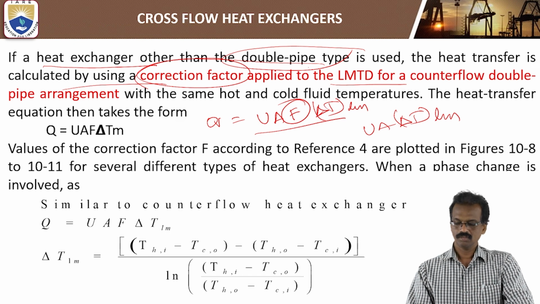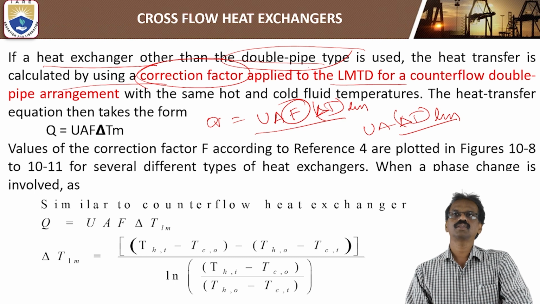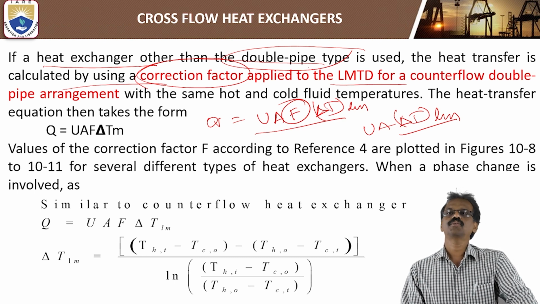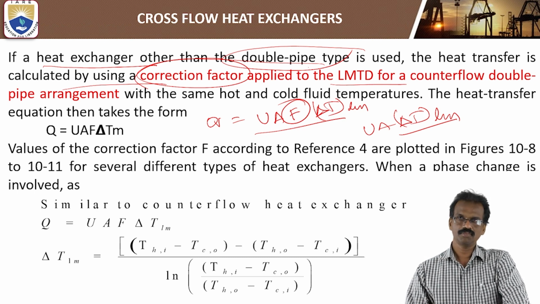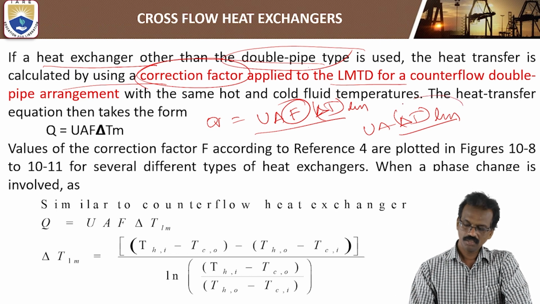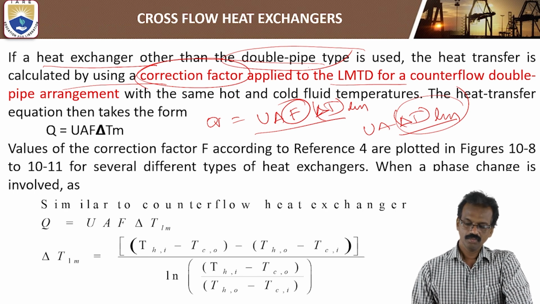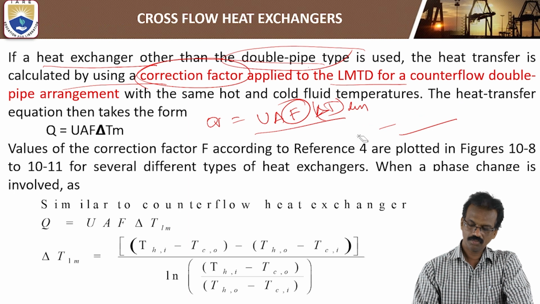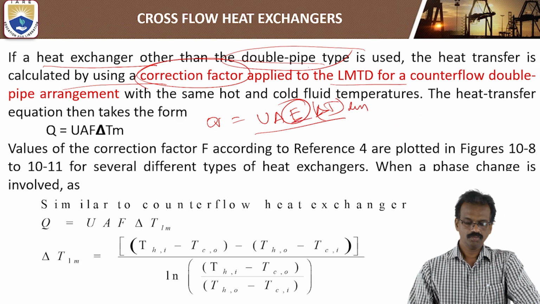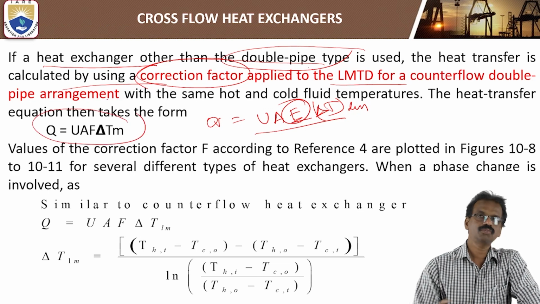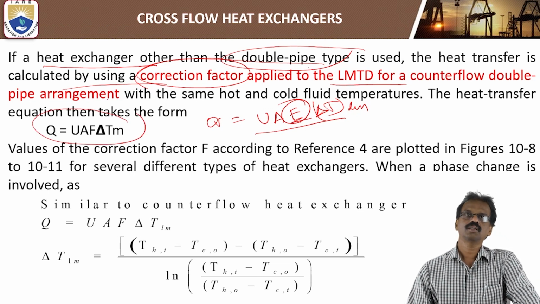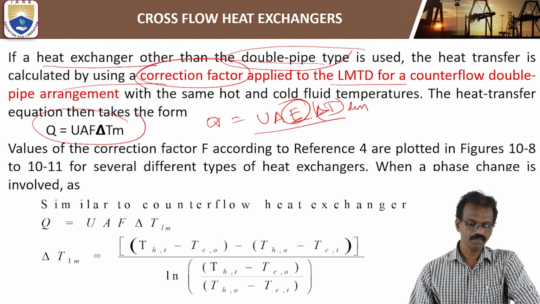The same formula applies for the parallel flow heat exchanger also, but the delta T LM formulas are different for counter flow compared to parallel flow. Here, for the cross flow, we consider the counter flow temperatures, and we add only the correction factor F. So the final formula is Q is equal to U A F into delta T LM, the logarithmic mean.